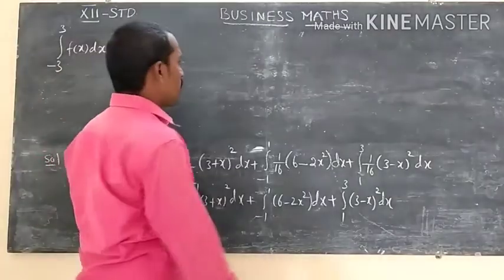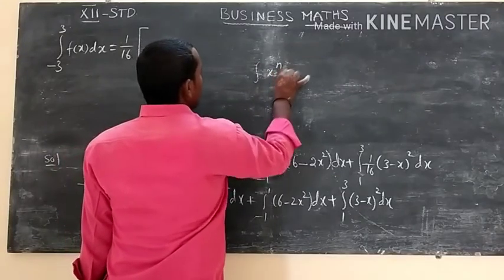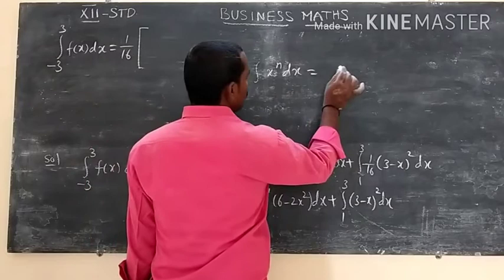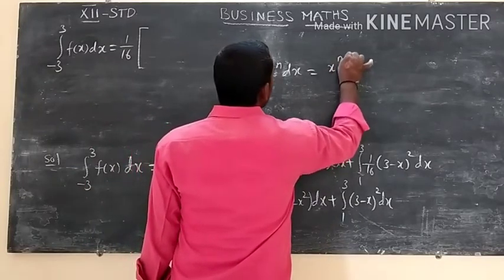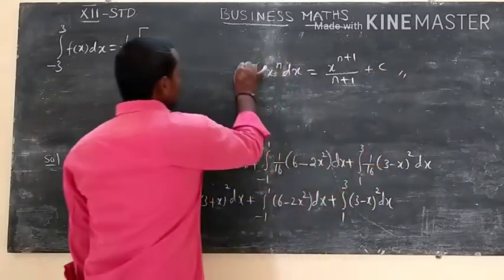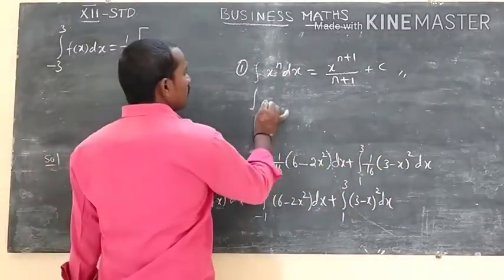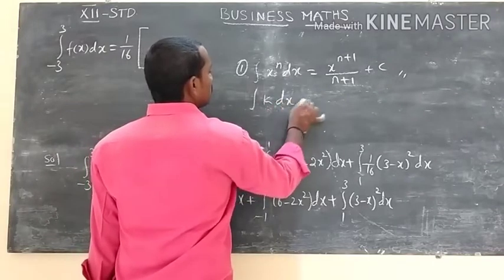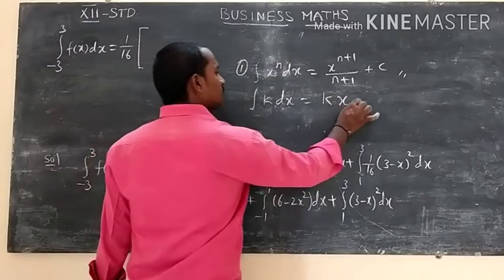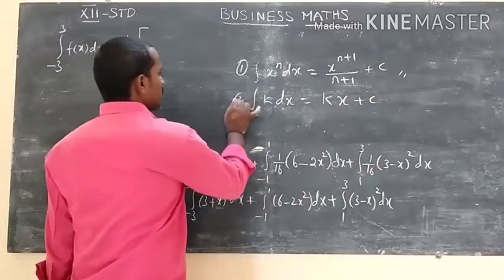I have given some formulas. Integral x power n into dx is equal to x power n plus 1 divided by n plus 1, plus c. This is your integration formula. Then integral of a constant k is equal to kx plus c. Okay, this is the second.